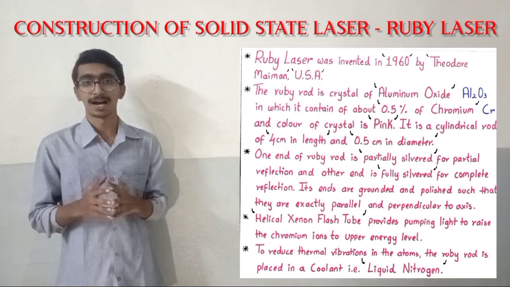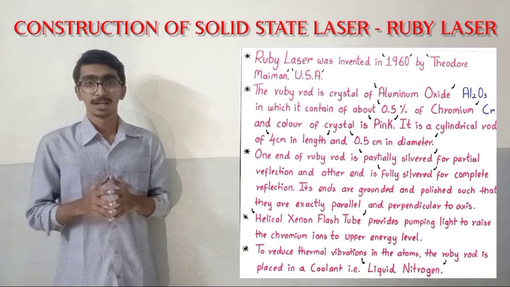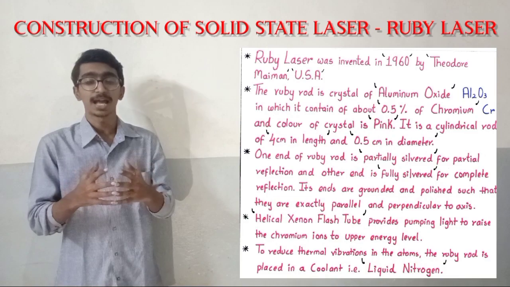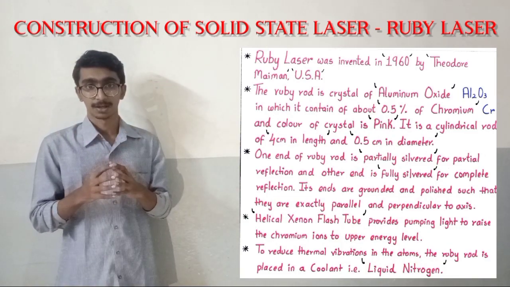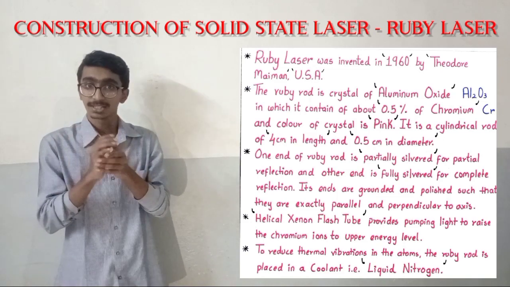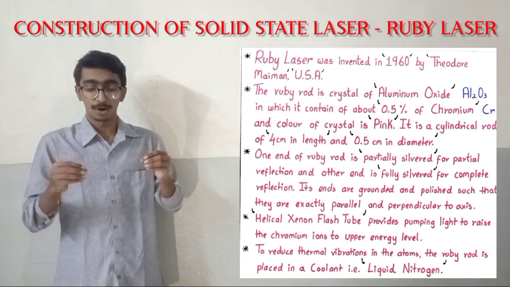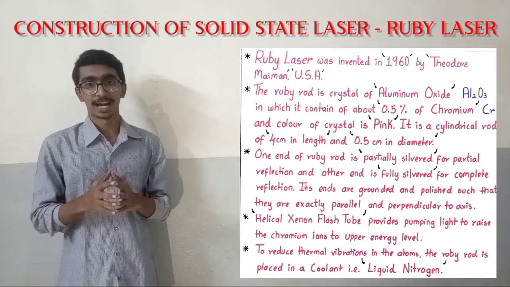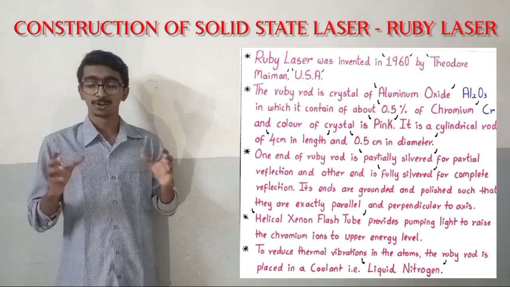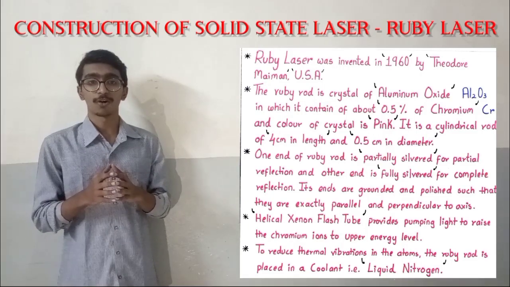The fourth major part is the coolant. Due to thermal vibrations in the atom, the system produces heat. To reduce this, the ruby rod is placed in the coolant, that is liquid nitrogen, in order to maintain the temperature of the system.